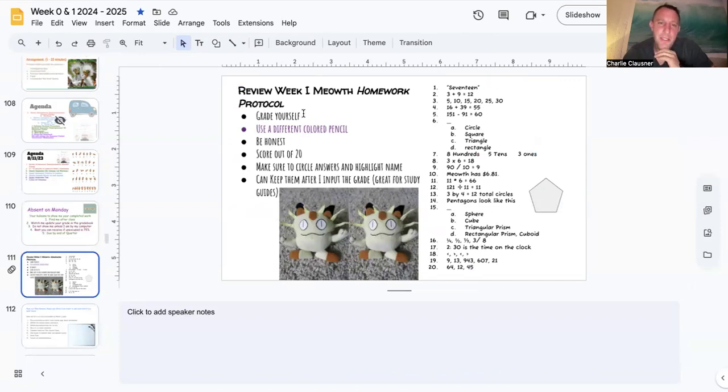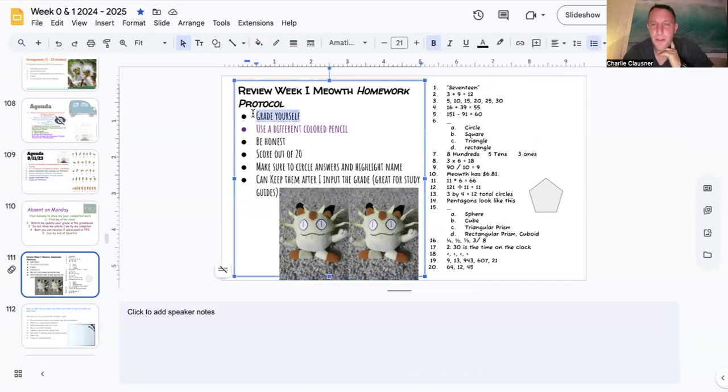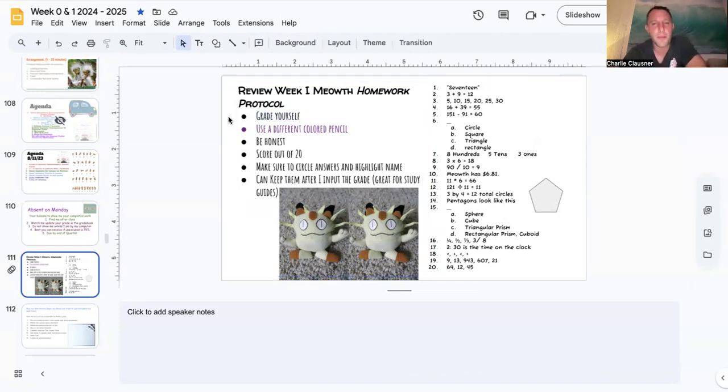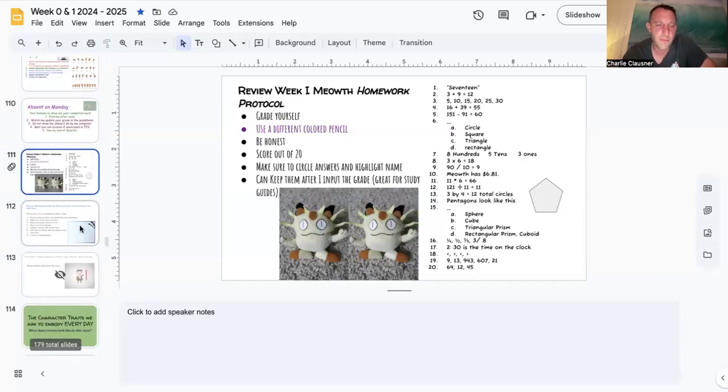If I get into a bunch of problems with students not being honest and telling me scores that weren't reflective of where they're at, then I collect them and grade them, or I have them swap with a partner, and that generally takes care of that. But I have a process for it.